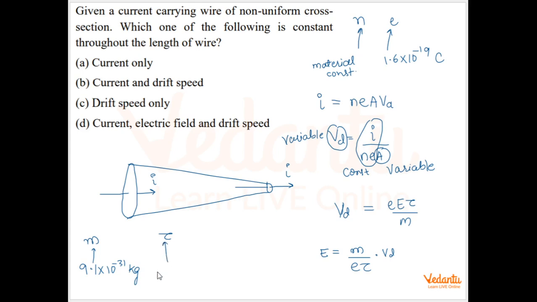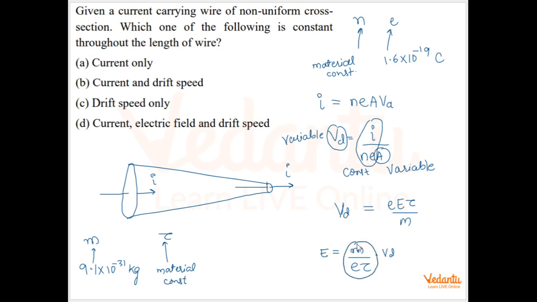Tau is once again a material constant and its value depends on the type of material and temperature. It does not depend on the area of cross section or the size of the material. It only depends on the type of material and temperature. So this, beta, is also going to be a material constant. Throughout the wire, beta, it will have the same value.